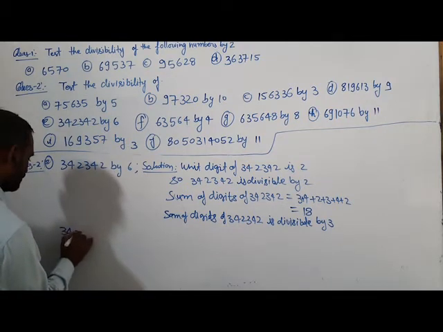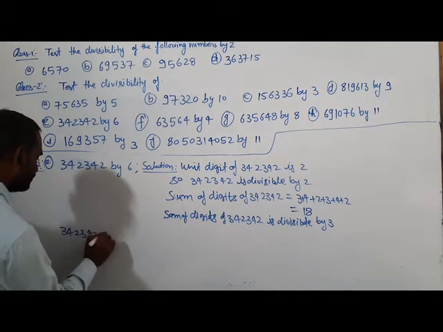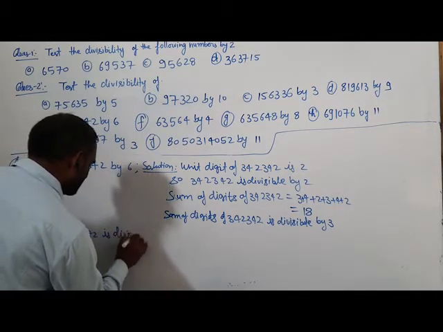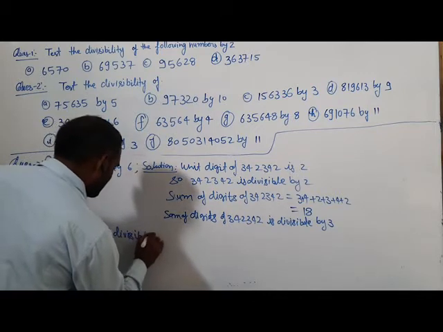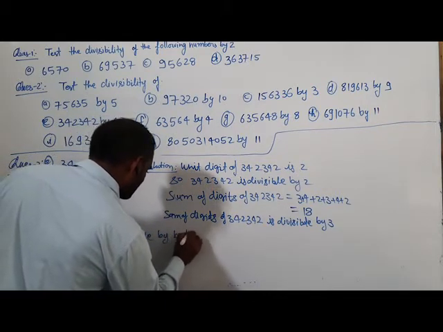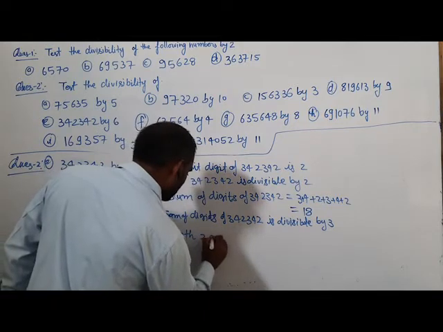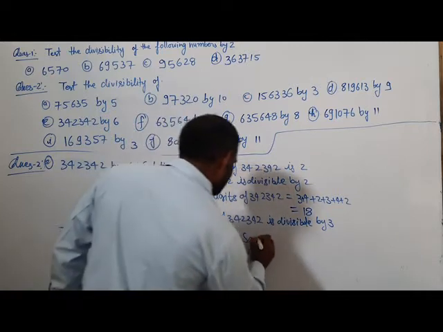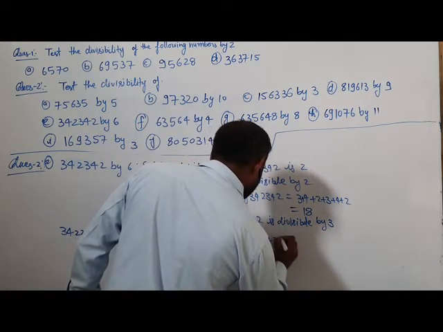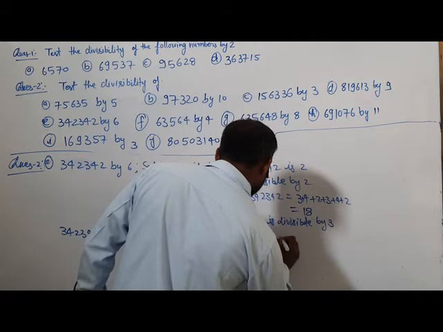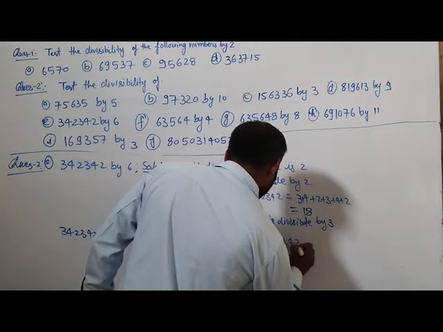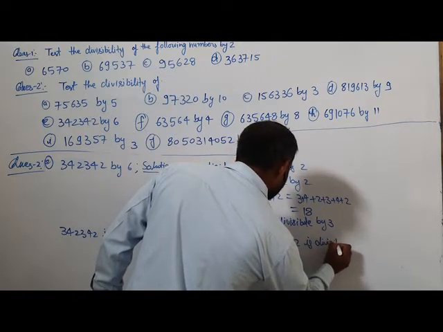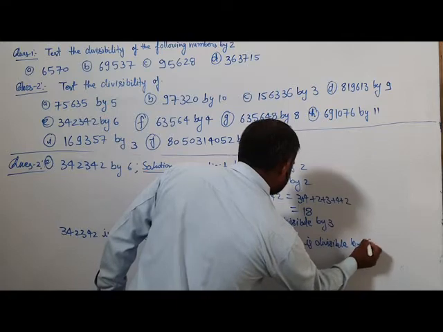So 3,4,2,3,4,2 is divisible by both 2 and 3, so it is divisible by 6.